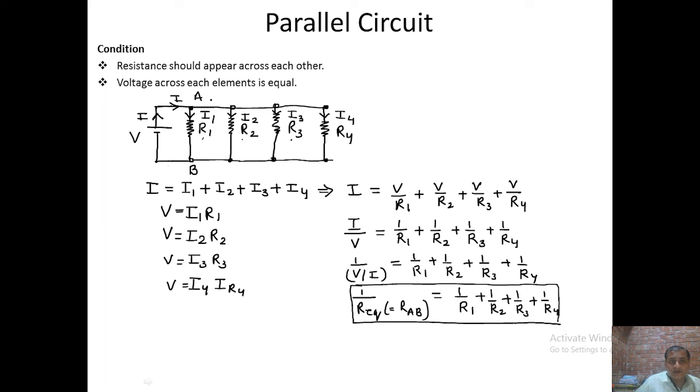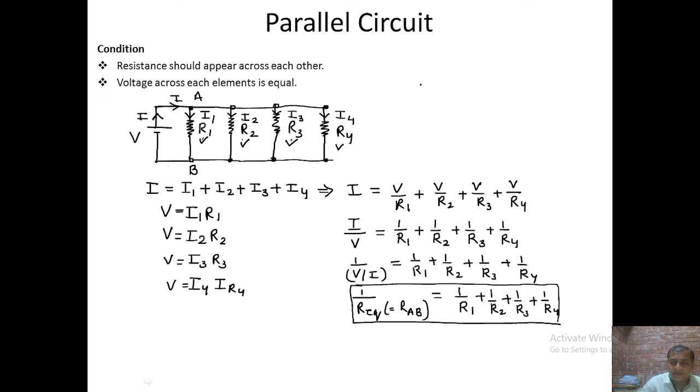So the voltage across each element is equal. The voltage across R1, R2, R3 and R4 should be the same. If the voltages across the resistances are the same, then these resistances are in parallel. So these four resistors are connected in parallel.